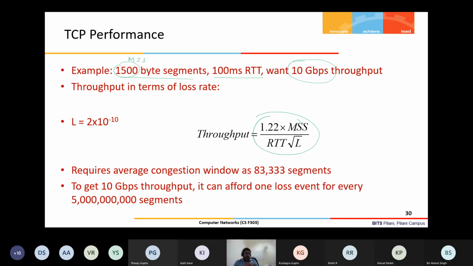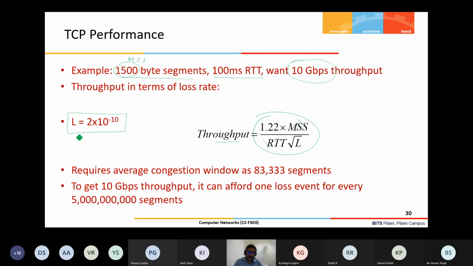If I put the values of MSS as 1500 bytes and RTT as 100 milliseconds, what loss rate will I get? This 10 Gbps throughput can be achieved if my loss rate is 2 into 10 power minus 10. Then it is possible to achieve the 10 Gbps throughput.